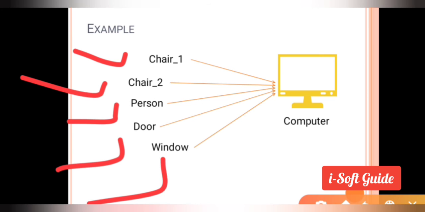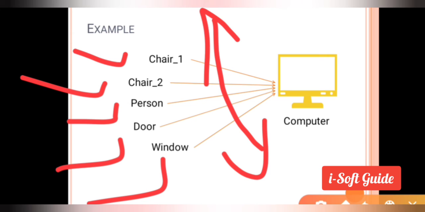Just by inputting, we cannot say that we are inputting the room. So we have to consider their relationship, how these objects are related with each other. This also we have to consider for inputting this room to the computer.